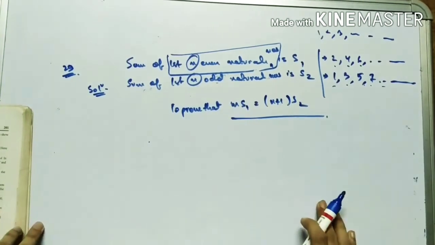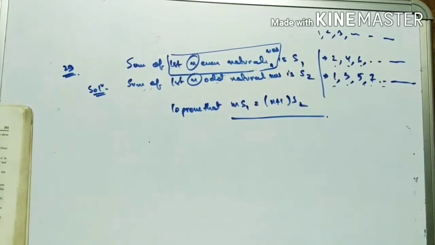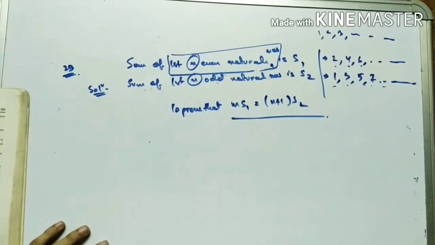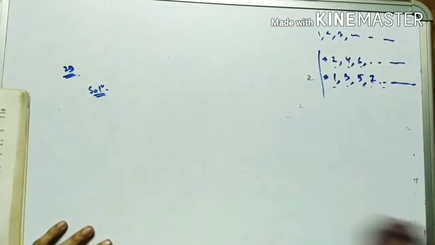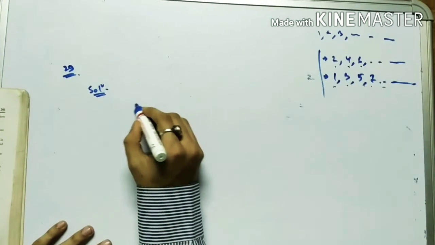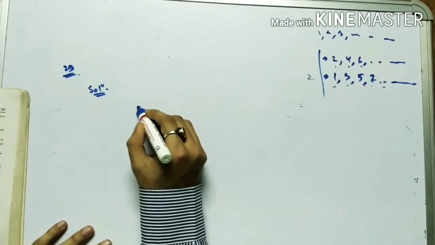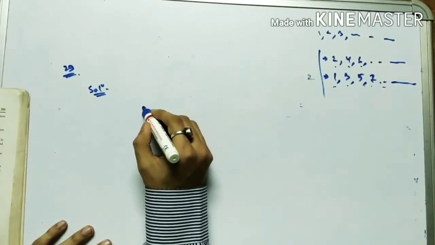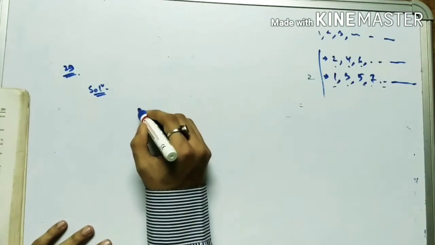Okay, very easy. Let me write it directly here. The sum of first n even natural numbers is S1.